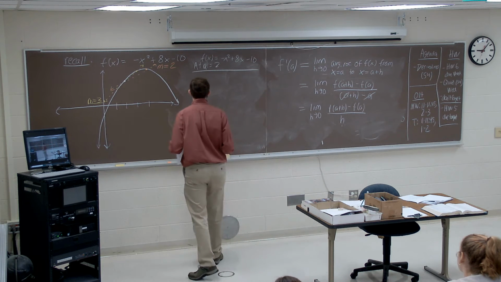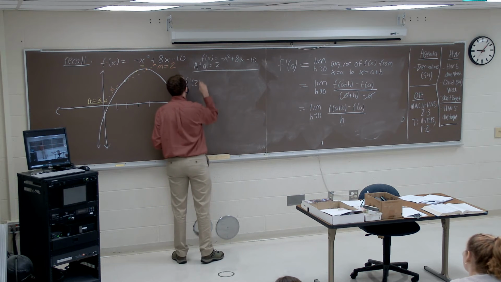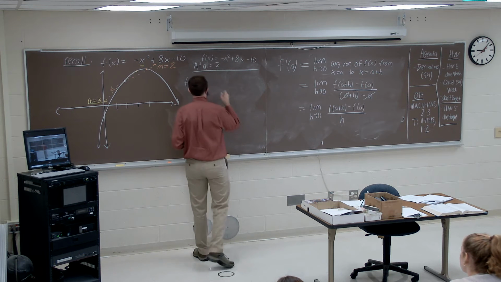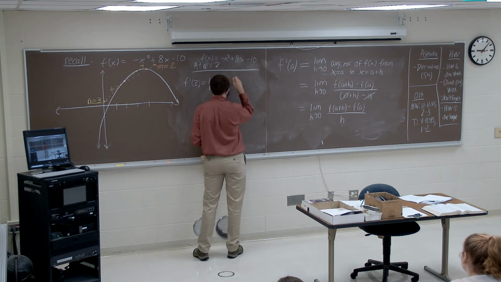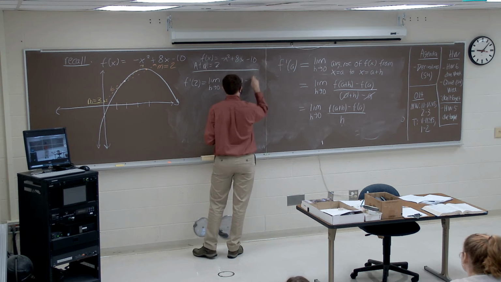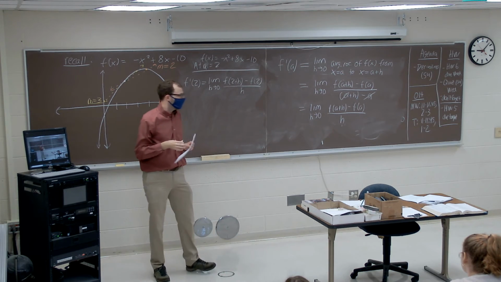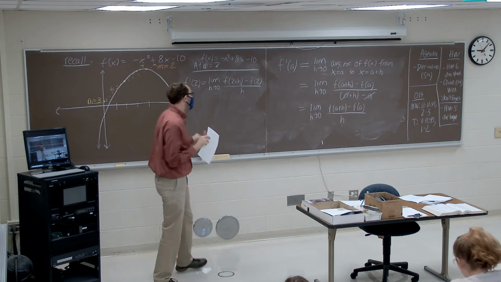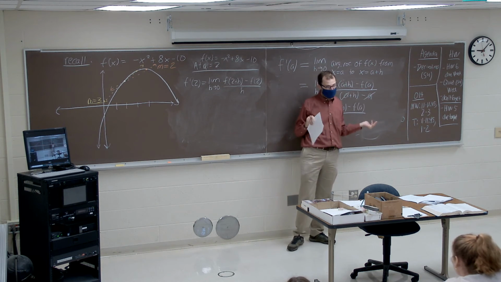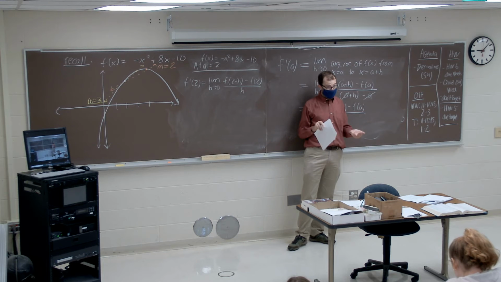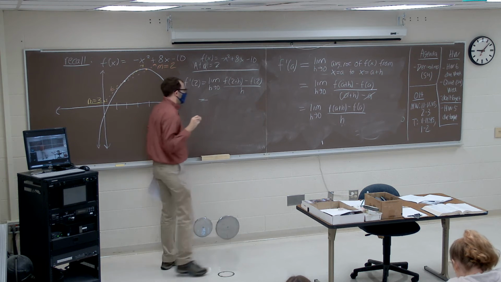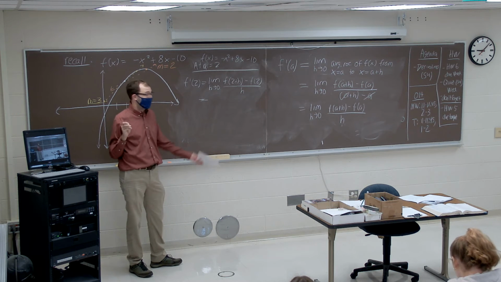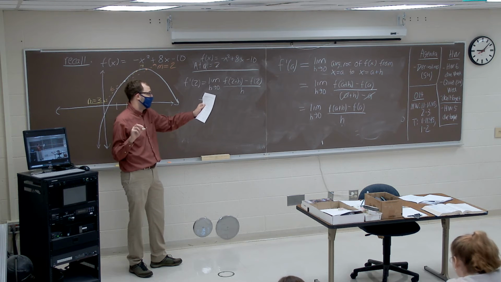So if we plug that in, we'll get that f prime of 2 using this formula is going to be a limit as h approaches 0 of f of 2 plus h minus f of 2 all divided by h. Here, we're replacing a with the x-coordinate of the point where we're computing instantaneous rate of change, in this case 2. And if you look at that, that's going to give us the exact same expression that we had calculated on the right-hand board earlier.